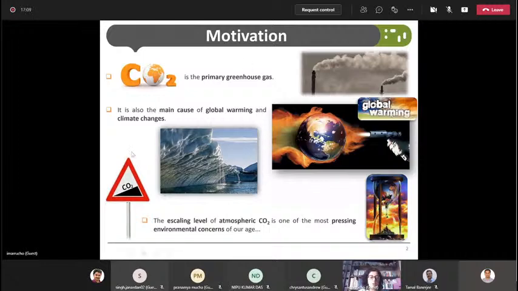We know that we have a lot of problems with climate change, not only because the Earth's atmosphere is becoming hotter and hotter, but also because of other problems associated with it: the rising of the sea level, and the lack of rain, which is also very problematic in some countries that really depend on agriculture.